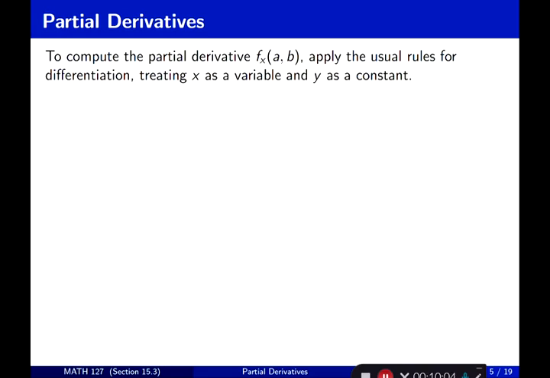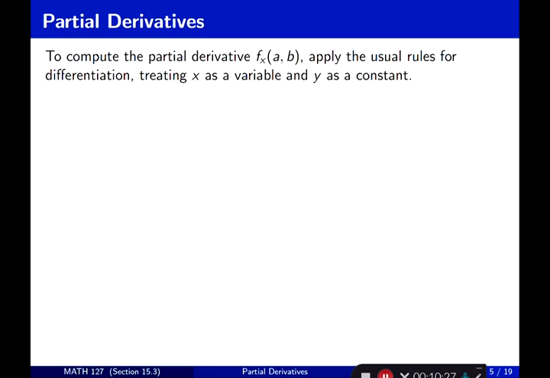Now, to compute the partial derivative f sub x of a and b, the partial with respect to x of a and b, we apply the usual rules for differentiation, but we treat x as the variable and y as a constant.